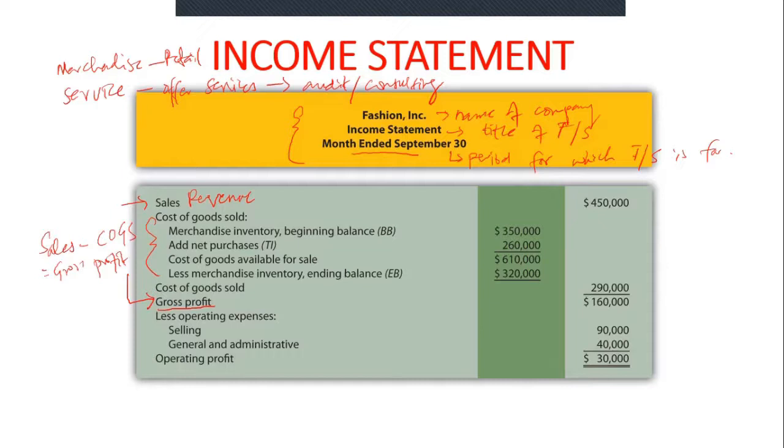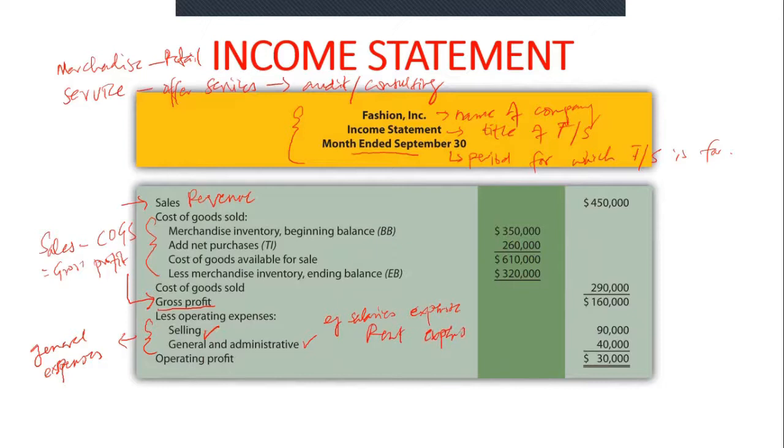Then after having gross profit, you deduct your operating expenses. Operating expenses are general expenses, for example selling, general and administrative. Another example could be salaries expense. You could have rent expense.